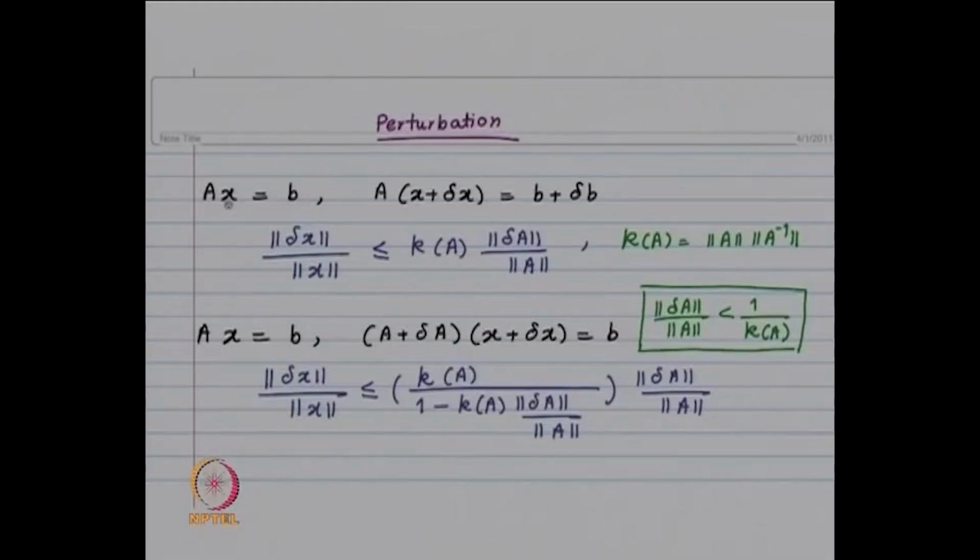So, that will guarantee that x is also not equal to 0, so you can divide by norm x. Here this norm delta A by norm A, actually it should be norm delta b by norm b.